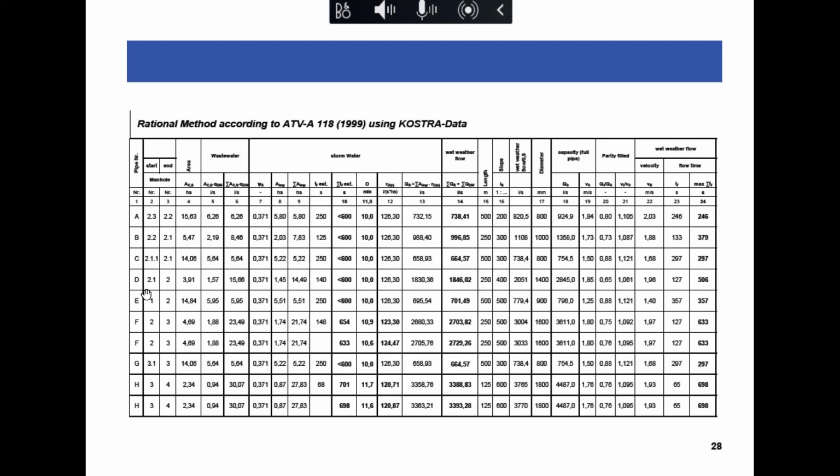When it comes to D, it is this. When it comes to E, if you look at E very well, E is an independent catchment. It does not have upstream, so it remains here. But F has the upstream of D and E. So if you add this plus this, you get this.